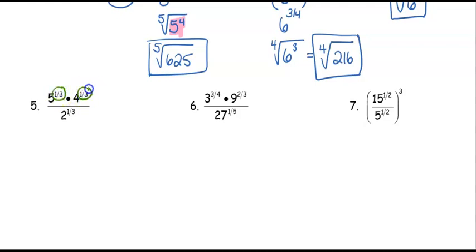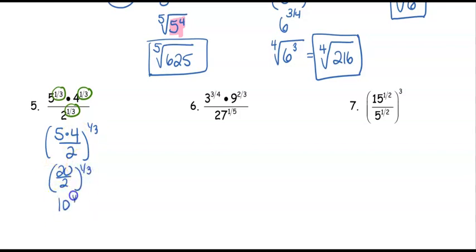They all have the 1/3 power. So this is 5 times 4 divided by 2 to the 1/3. 5 times 4 is 20 divided by 2. 10 to the 1/3, giving me the cube root of 10. If it's a fractional exponent, then you have a radical.